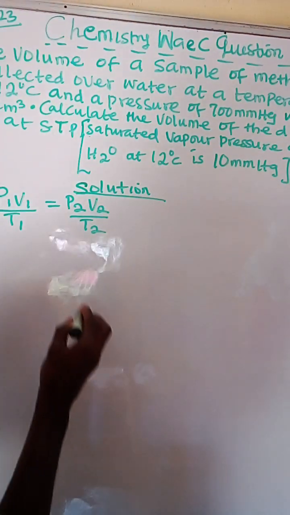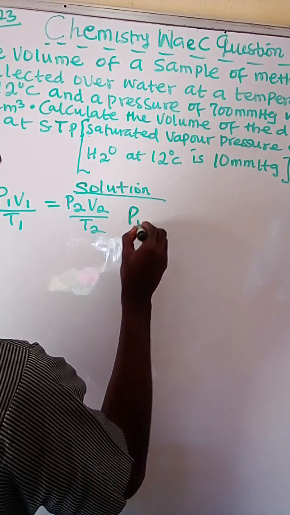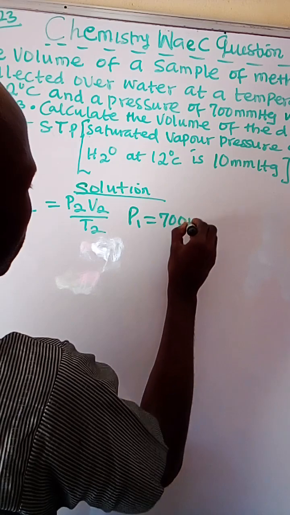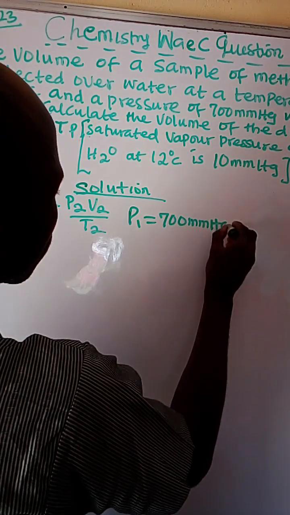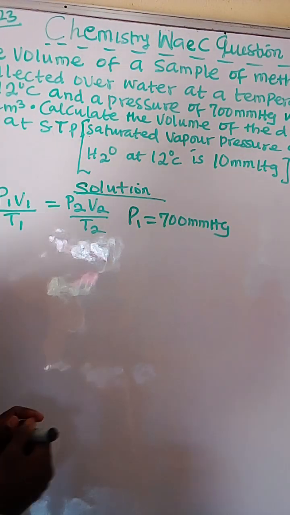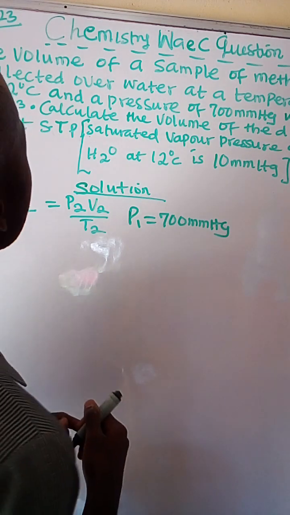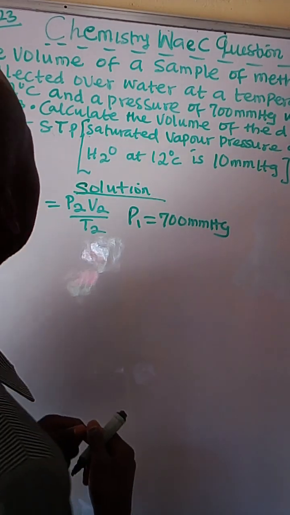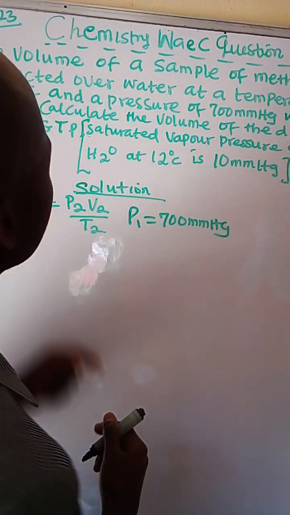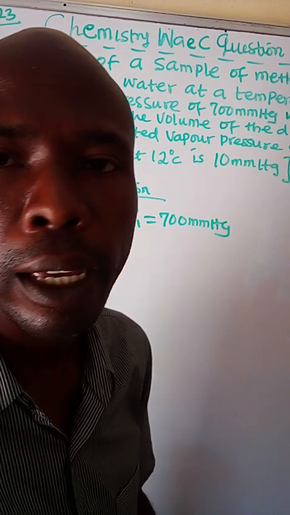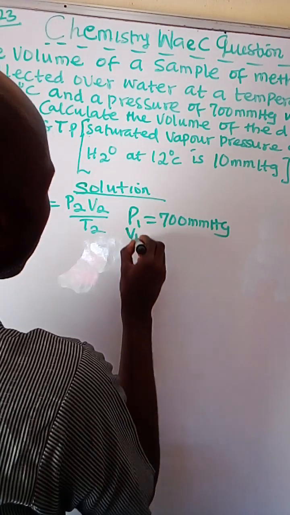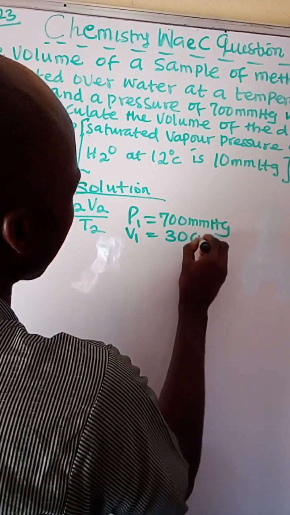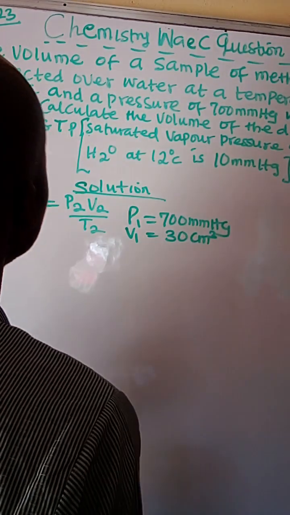Pressure P1 is given to be 700 millimeter mercury. And then volume 1 is also given, to be 30 centimeter cube. That is V1 equals 30 centimeter cube.